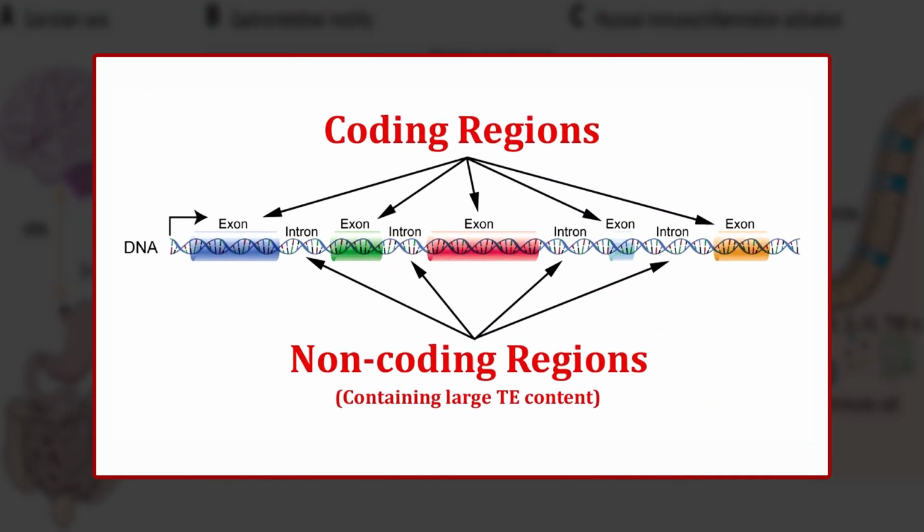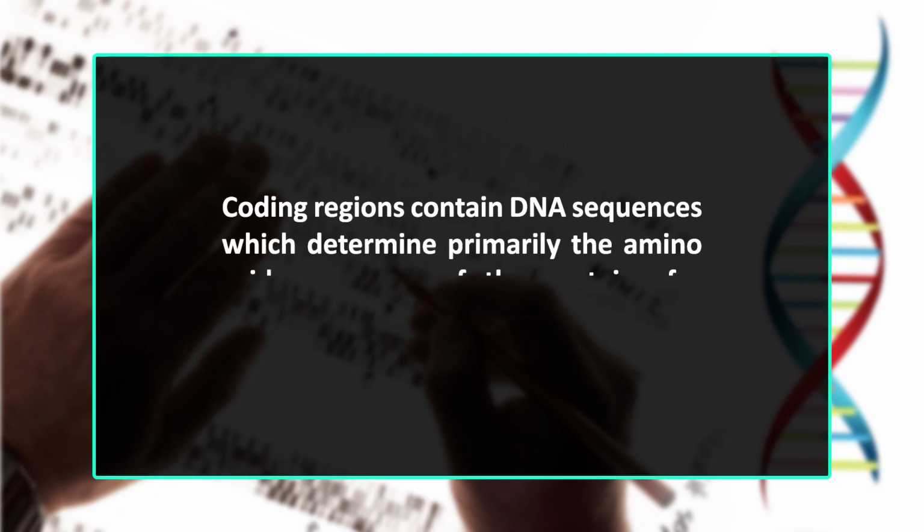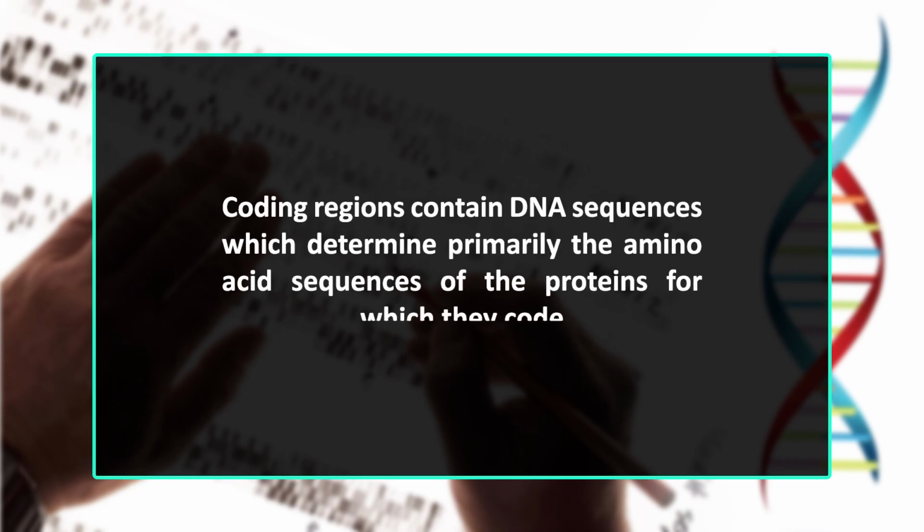The genomes of humans may be divided into different parts based on known functional properties. The coding and non-coding regions: most of the genome does not code for proteins. The coding regions contain DNA sequences which determine primarily the amino acid sequence of proteins for which they code.